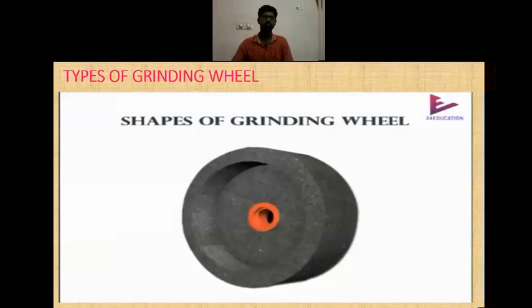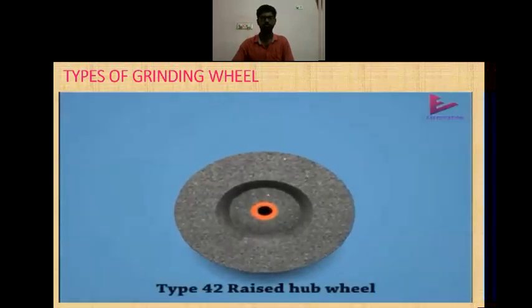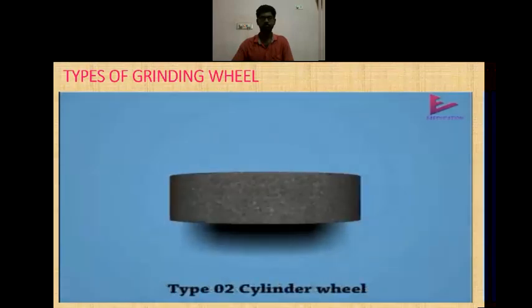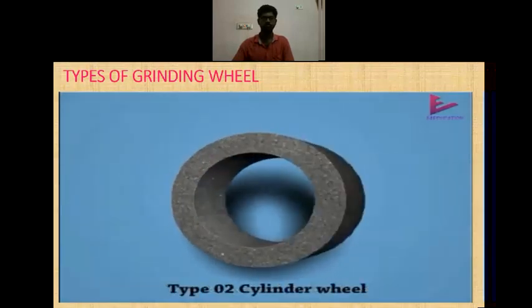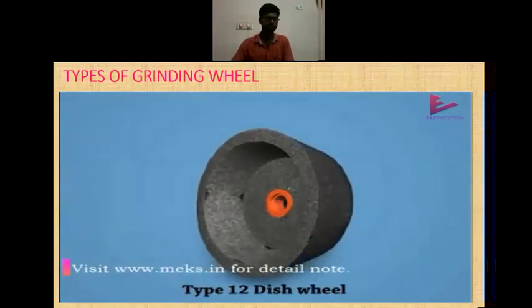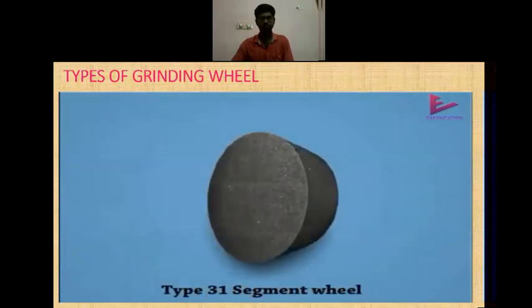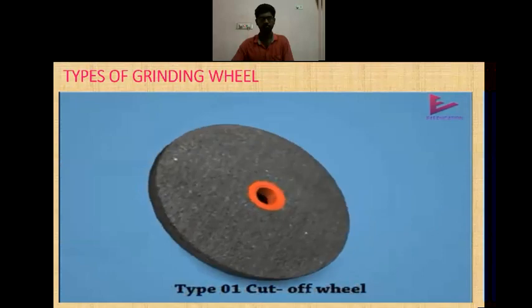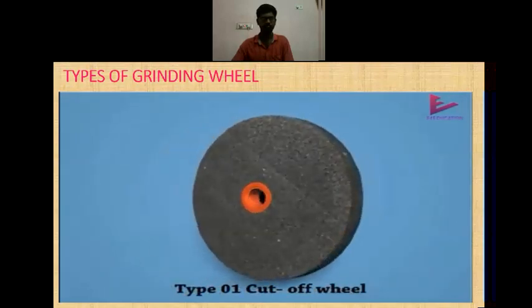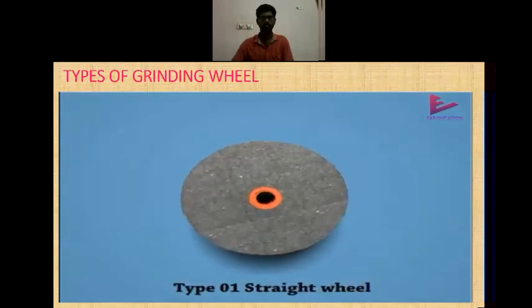Shapes of grinding wheel. This video shows the 3D model of the different shapes of grinding wheel. Type 42 raised hub wheel. Type 02 cylinder wheel. Type 12 dish wheel. Type 31 segment wheel. Type 01 cutoff wheel. Type 01 straight wheel.